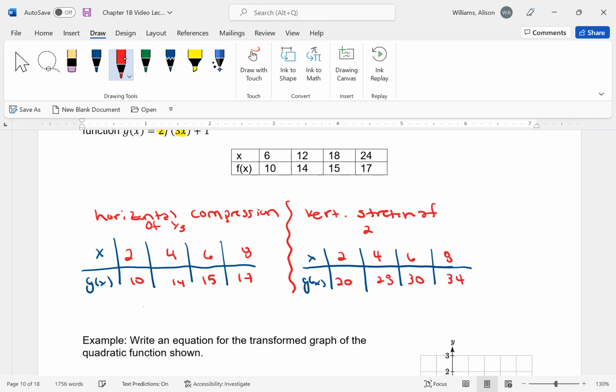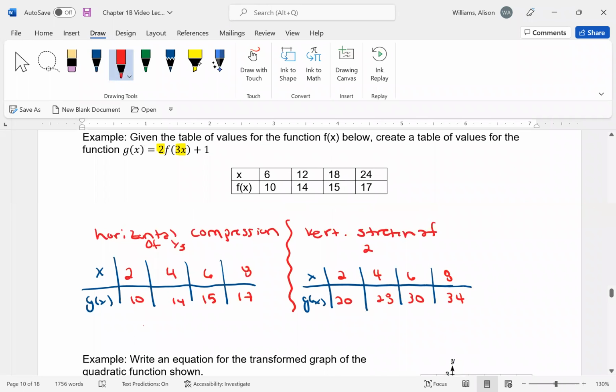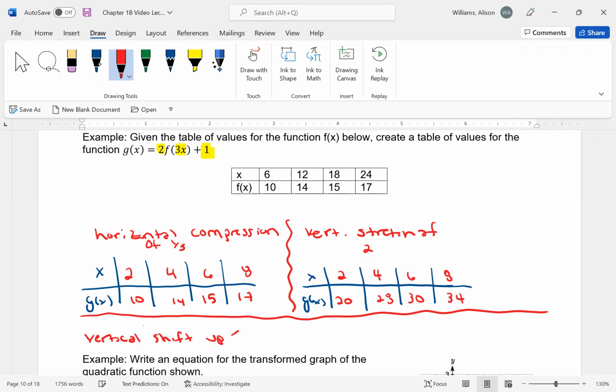Okay, then the last one is that we're shifting everything up 1. So it's also going to have a vertical shift of up 1. So I'll squeeze that in. Ooh, let's see, how about we'll do it below. So the final one, a vertical shift up 1. So again, that's going to affect the output values.